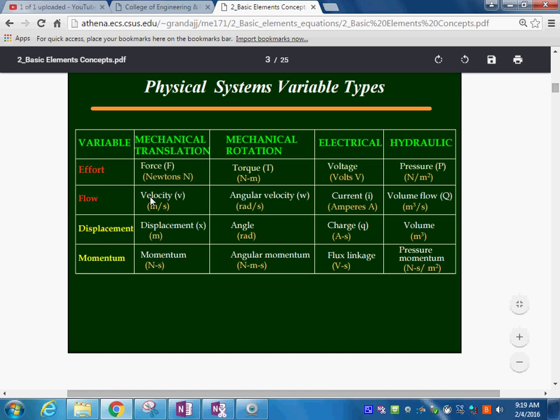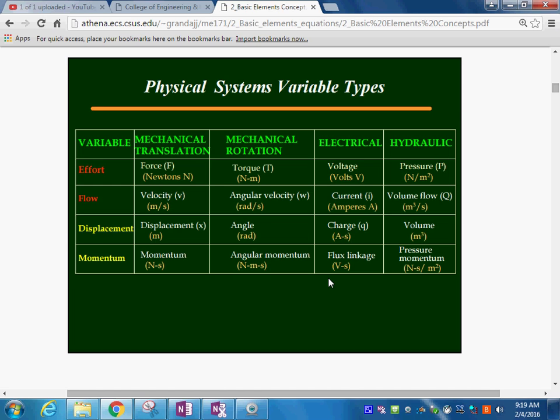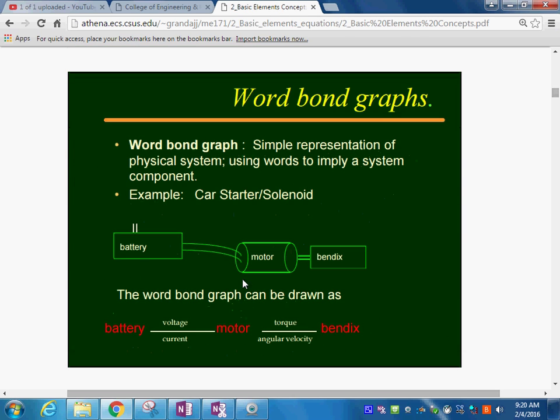When we talk about flows, it could be any of these. Displacement, any of these, and momentum, any of these. So that means that by using these four variables, we can actually generalize the concept across energy domains. That means that we could create models of systems that have hydromechanical components, electrohydraulic components, and electronics and mechanical systems.